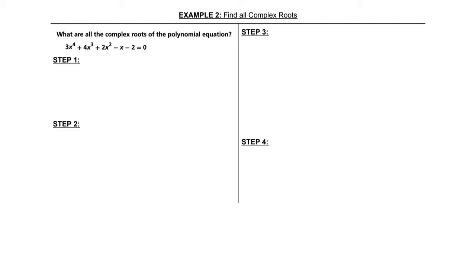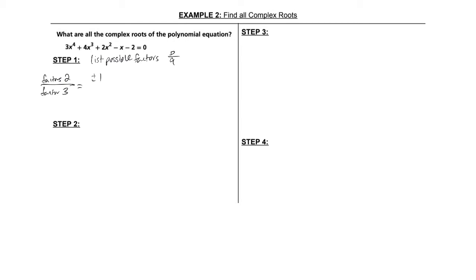Okay. So first step is to list possible factors, p over q. Again, we're looking for factors. p is 2 over q, which is 3.